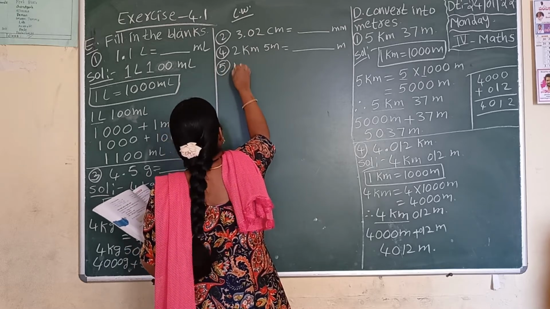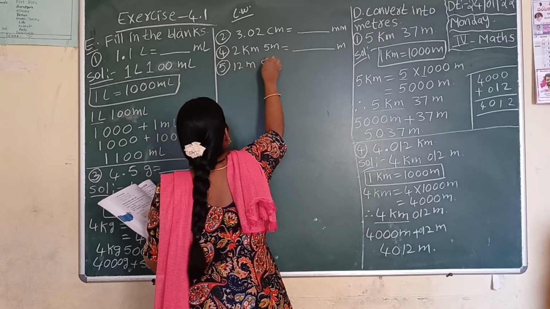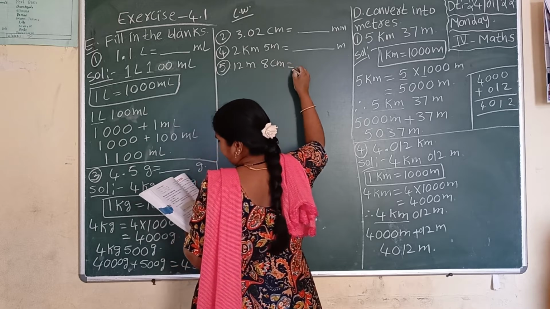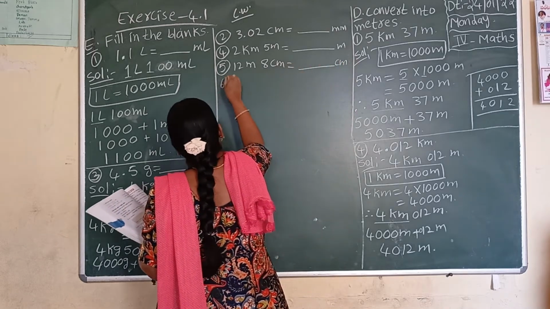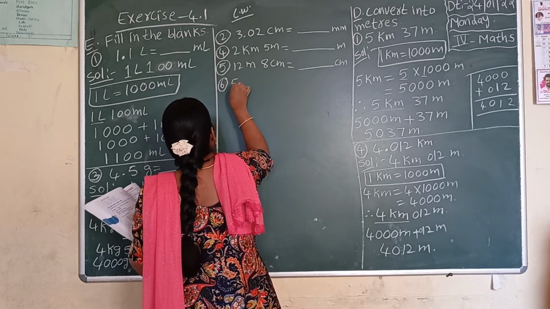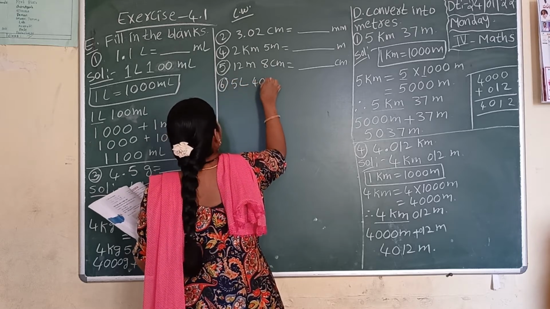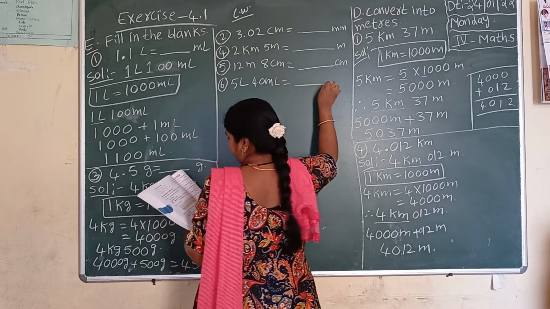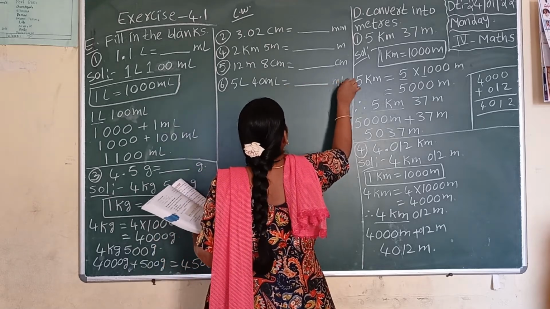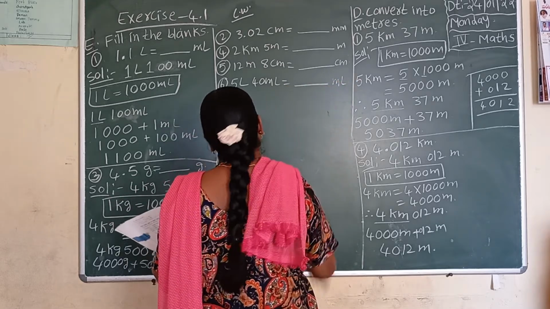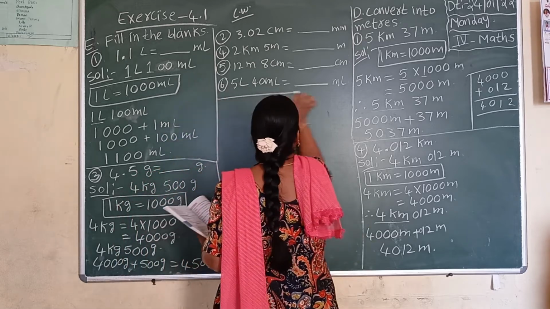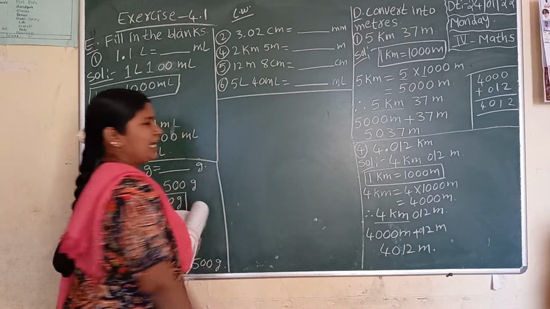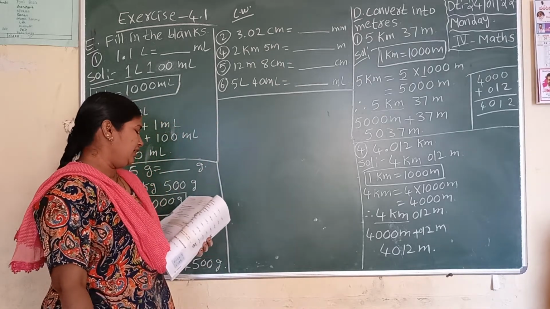Fifth one, 12 meters 8 centimeters equal to dash centimeters. Sixth one, 5 liters 40 milliliters equal to dash milliliters. These 4 problems also have to be converted like this and you write down the answer.